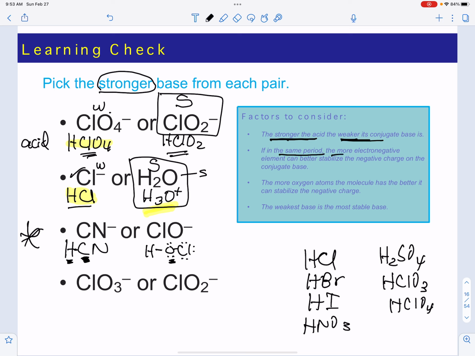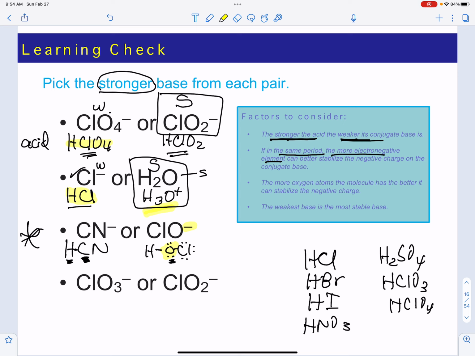So the more electronegative element, the oxygen is the more electronegative element, can attract electrons, right? That's the definition, can attract the negative charge closer to the nucleus. Secret of life, positive loves negative. So because oxygen is more electronegative, it can attract that charge closer to the nucleus and be more stable.